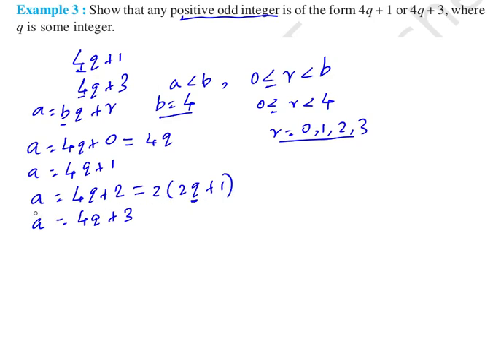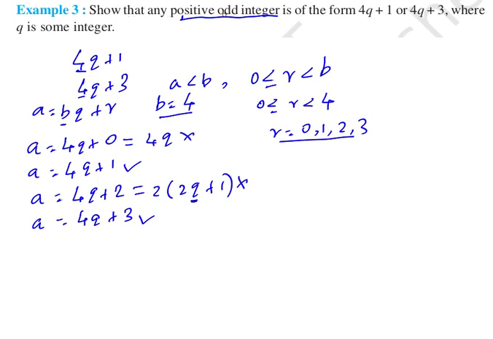Definitely this is an even number. We no need to consider the even numbers, so these 2 we can leave. The remaining will be a equals 4q plus 1 and a equals 4q plus 3, because in this case we have to consider only odd positive integers.